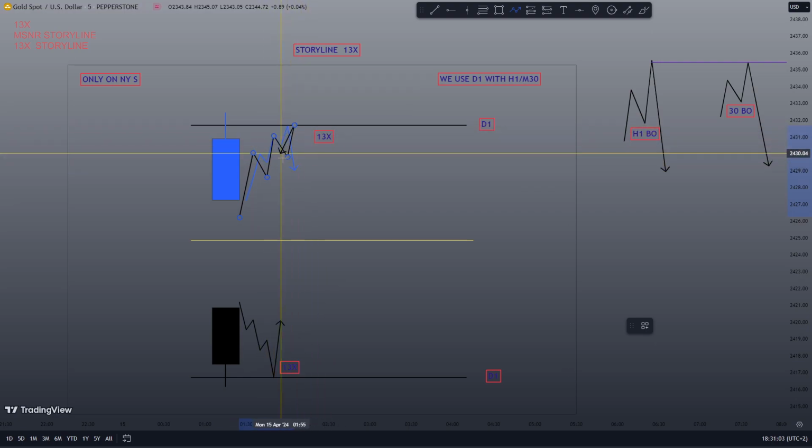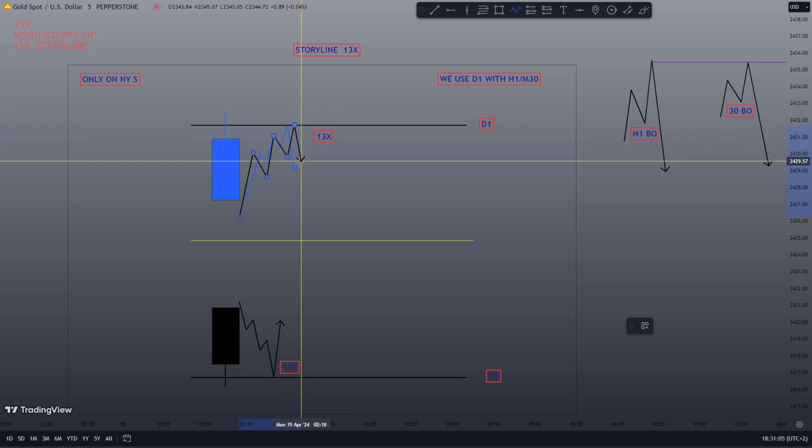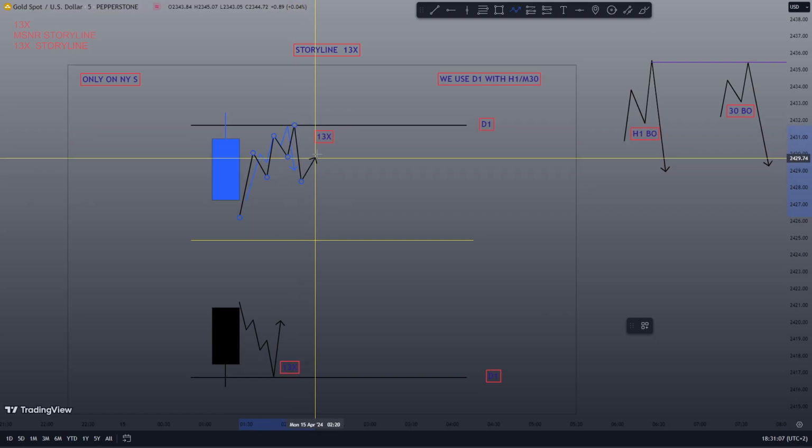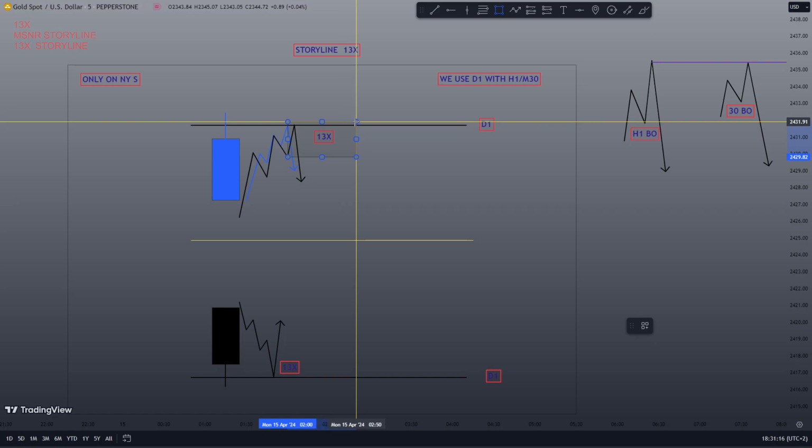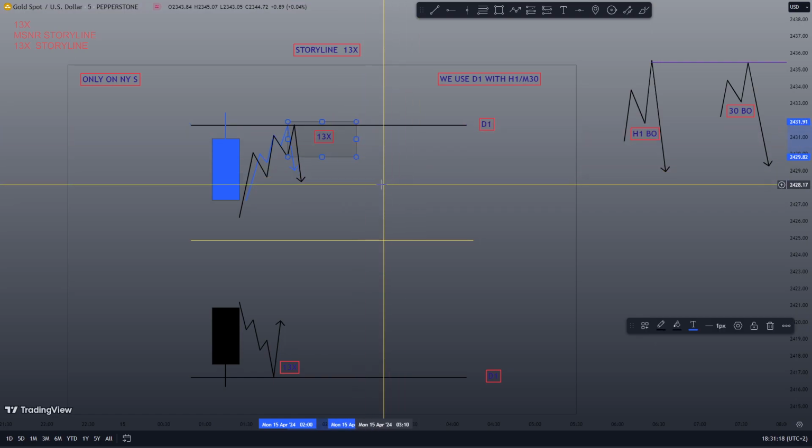When we see an M30 or H1 breakout printed on the New York session and when there is volume, we pick this range and we look for our 13 setups. One of them will show up with a specific confirmation. We wait.